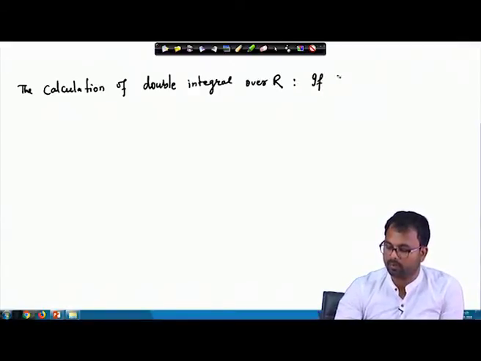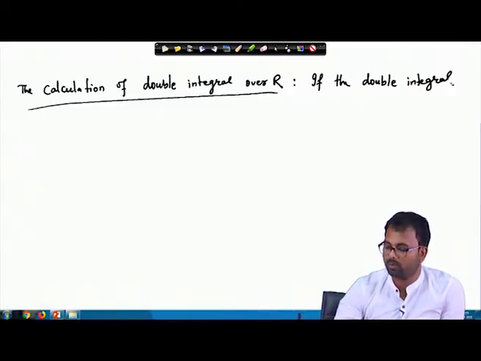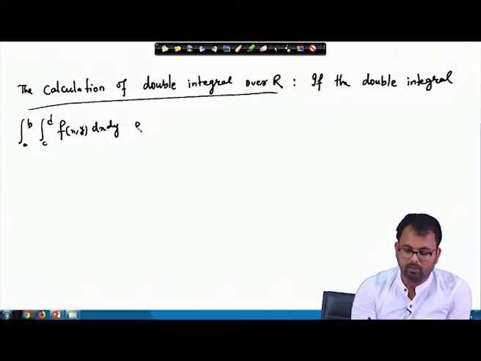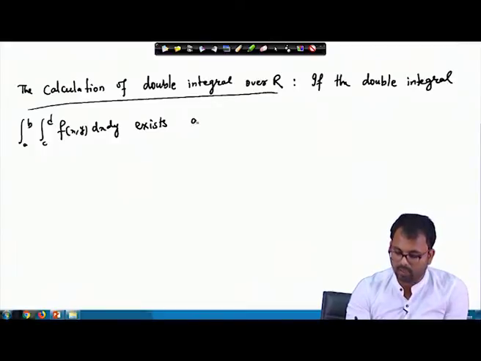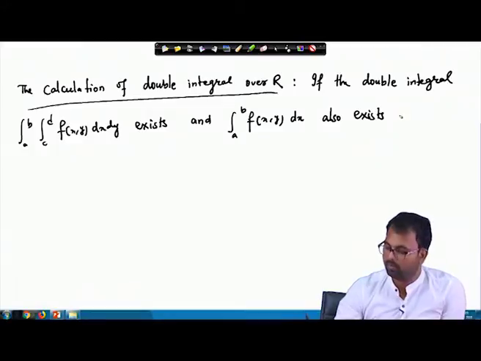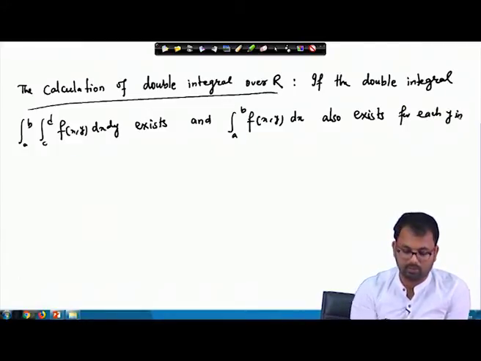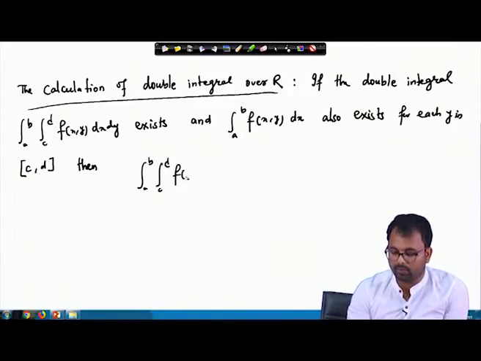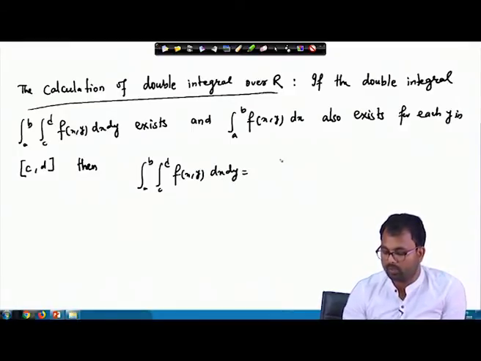So, how do we calculate? If the double integral from a to b, c to d, f(x, y) dx dy exists, and the integral from a to b of f(x, y) dx also exists for each y in [c, d], then the integral from a to b, integral from c to d, f(x, y) dx dy can be written as the integral from c to d of the integral from a to b of f(x, y) dx, and then dy.